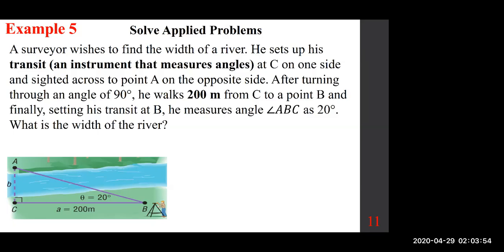So, class, BC is along the river and AC is perpendicular to that. That gives you almost a precise width of the river. I hope everybody's following that.